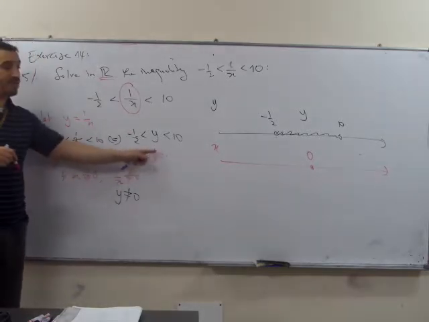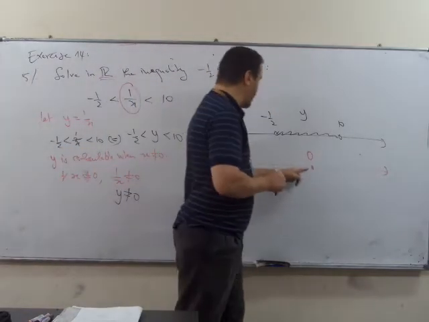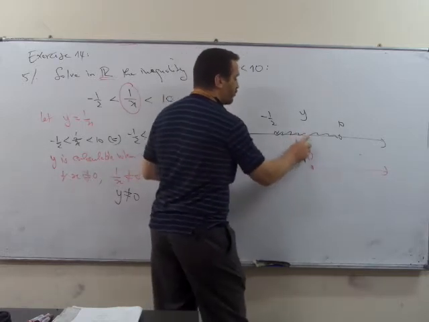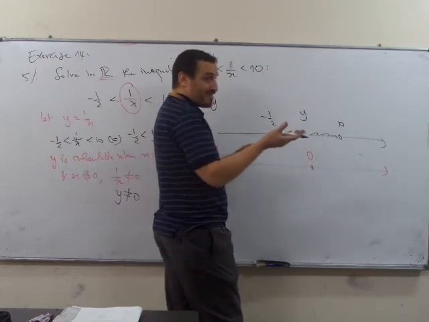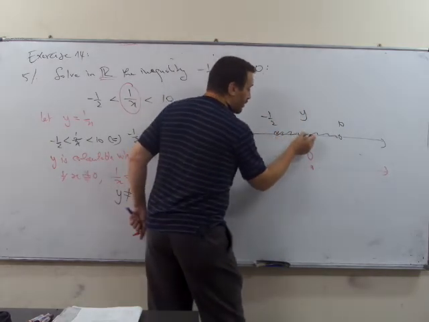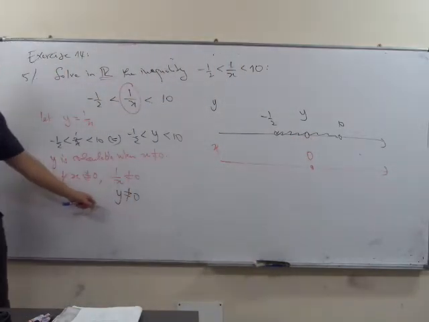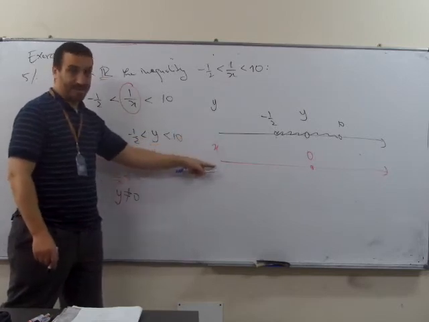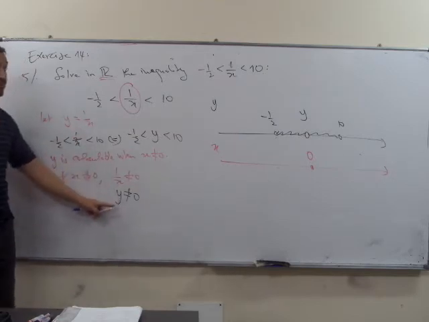Now for any x in these possibilities here, 1 over x is never equal to 0. I'm doing some analysis. Then y cannot be equal to 0. This is the number line for y and this is the number line for x. So since x cannot be equal to 0, I'm deducing that y cannot be equal to 0.